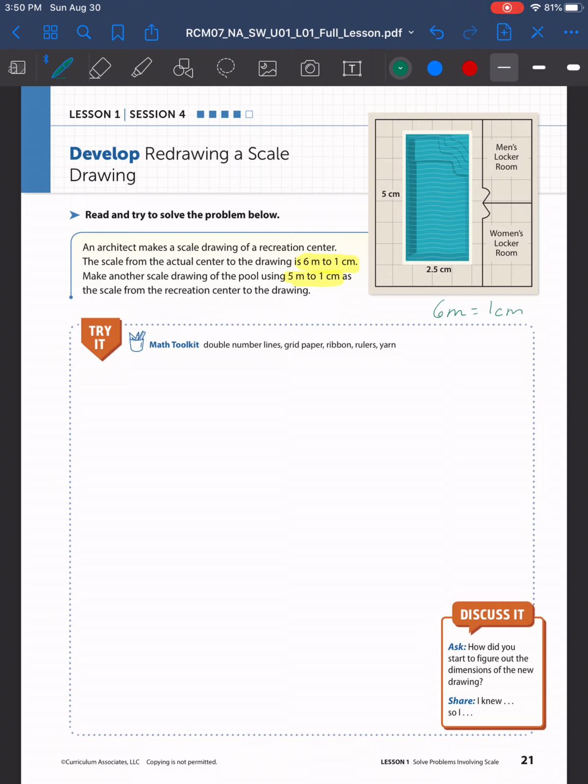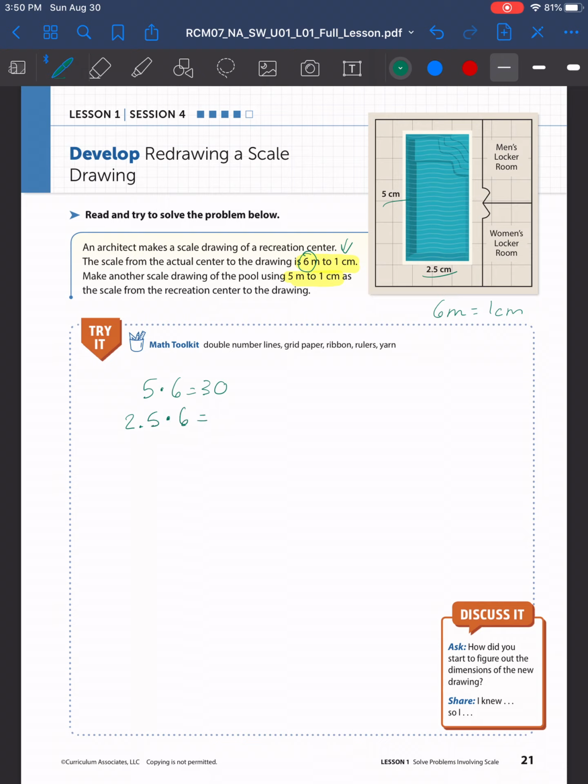Okay, so let's do the actual. So remember, if we have a scale factor, which we do, we can just take the number and multiply it to the other sides, which is great. So what is 5 times 6? 30. And what is 2.5 times 6?